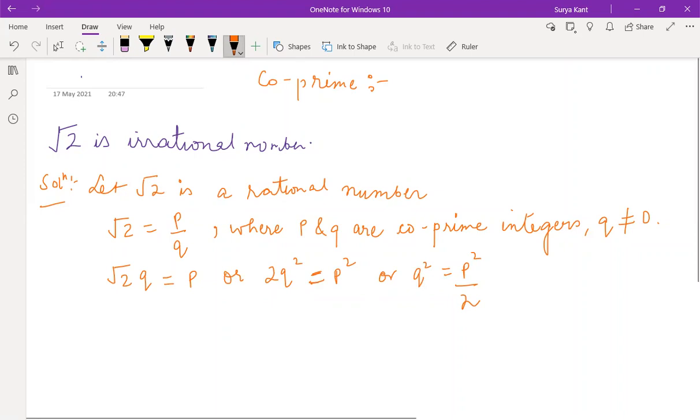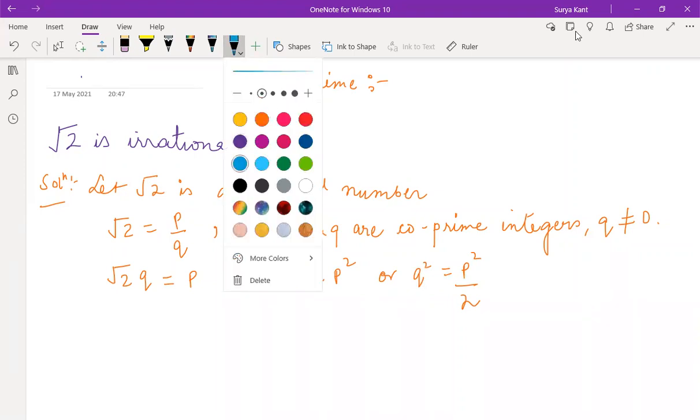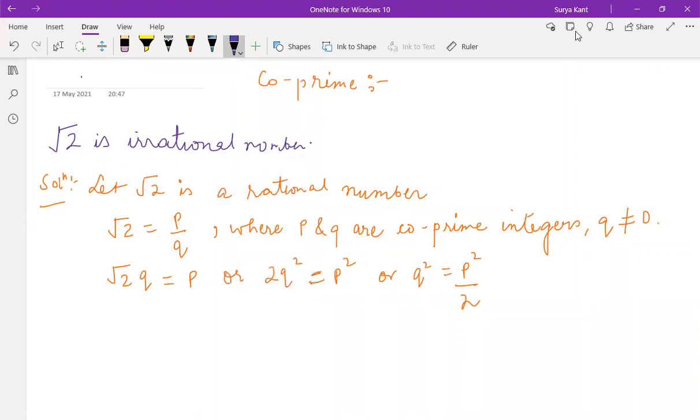Yes, sir. After this we can write p square is a multiple of, or divisible by, 2. P square is divisible by 2, or we can write p is divisible by 2. See, if p square is divisible by 2, it means p is also divisible by 2.